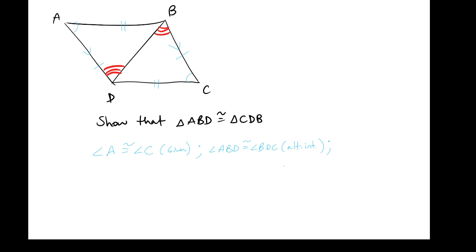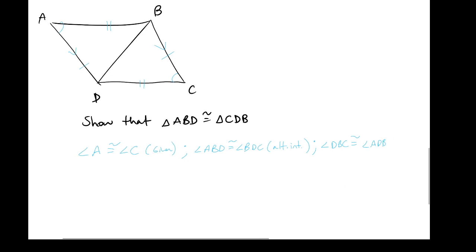So again, we have angle DBC, which is congruent to ADB. And again, that's because these guys are alternate interiors. So we've now made the case and we've demonstrated every single angle is congruent, correspondingly to each triangle.